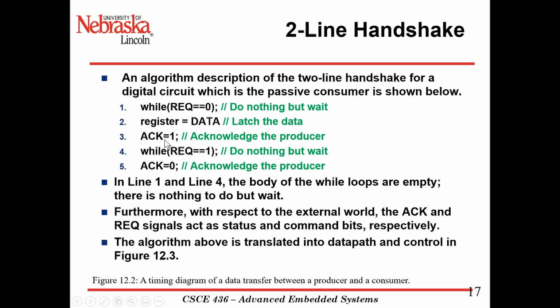The consumer will then acknowledge by sending out a 1 to the producer, telling them that they acknowledge that, and we wait until the producer drops the request signal low again to basically acknowledge the consumer's acknowledge, and then the consumer will drop the acknowledge signal.